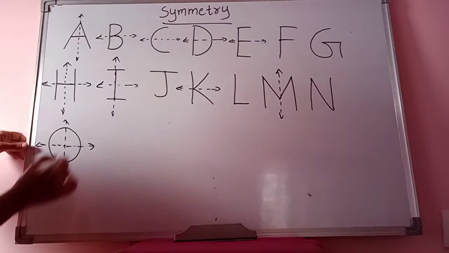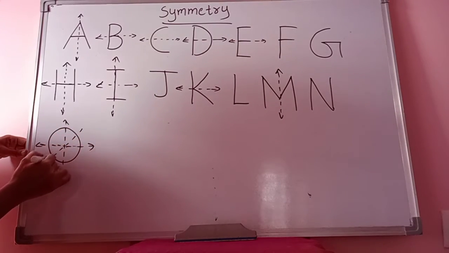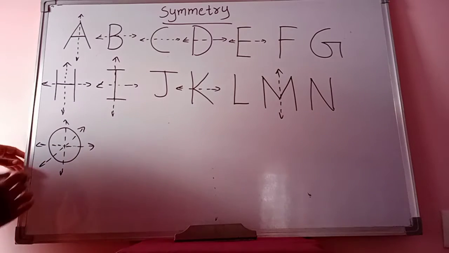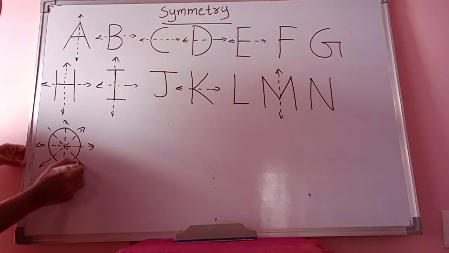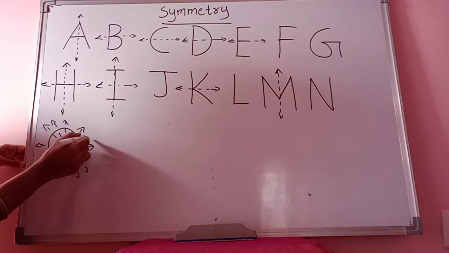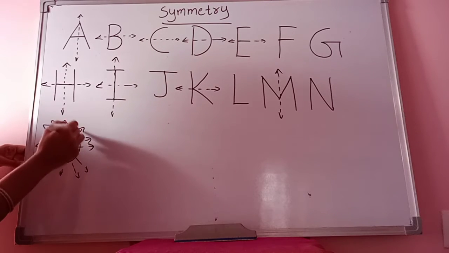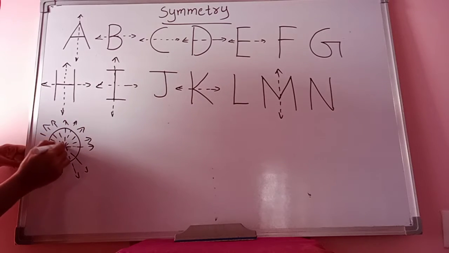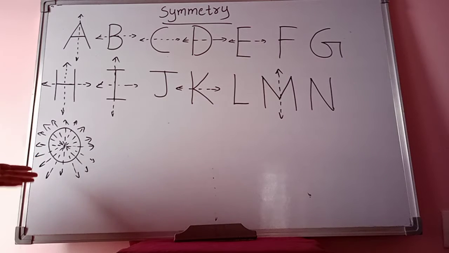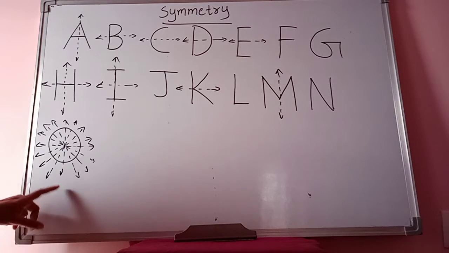See, diagonally I am drawing now. Like this also, if we fold along this line, both the parts will match. Therefore, it has many lines of symmetry. Every point and its opposite point, if we match, we get the symmetry depending on the size of the letter. If we increase the size, we get more. Therefore, it has many lines of symmetry.